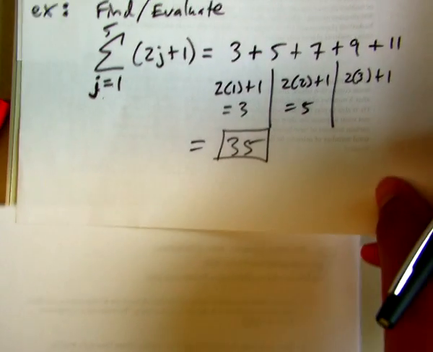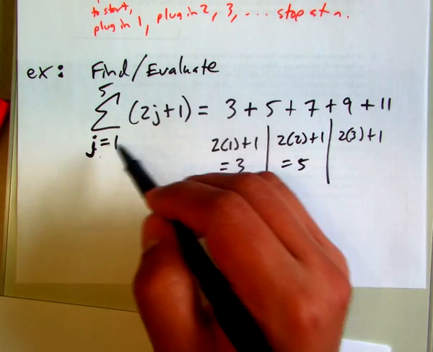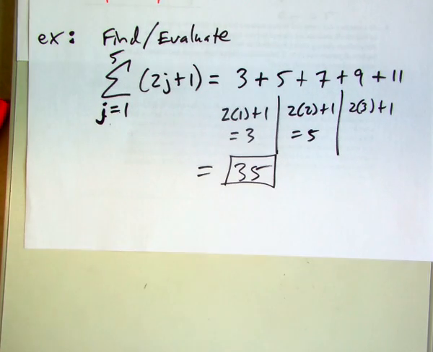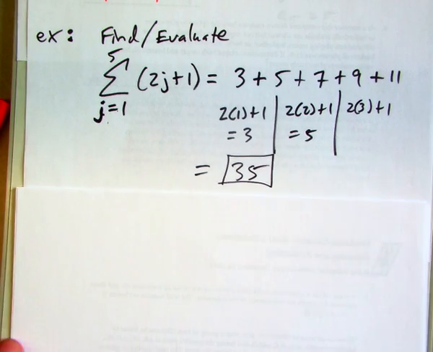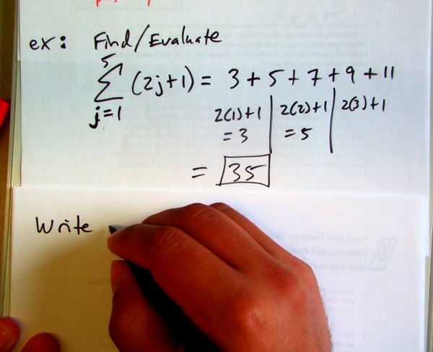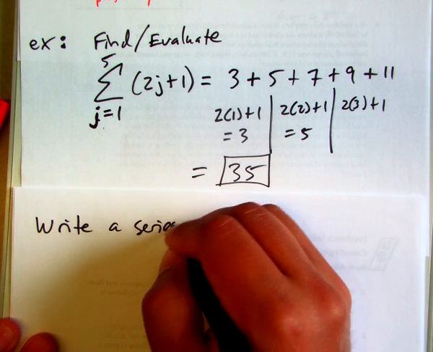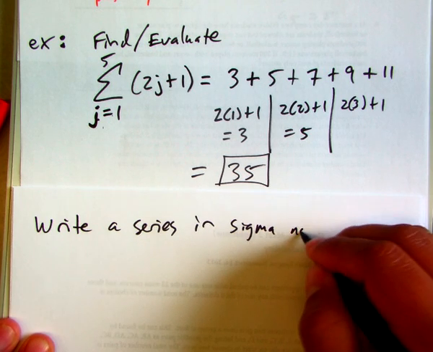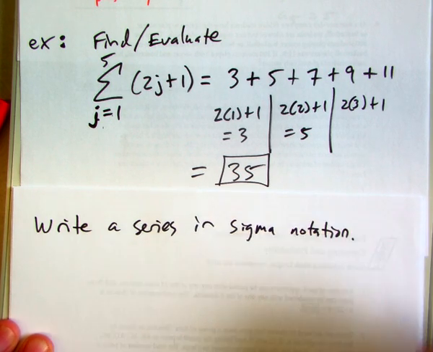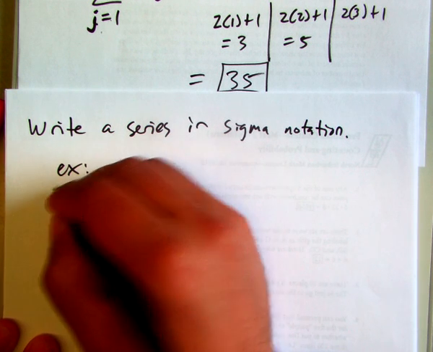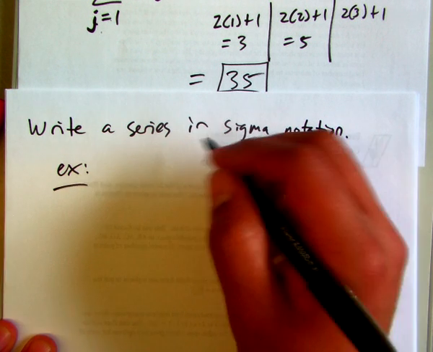Now, in addition to understanding what this notation means and how to write out the series, you should also be able to look at a series and write it in sigma notation. So write a series in sigma notation is one of the other skills you need to know. An example of that would be something like, let's do an easy one.